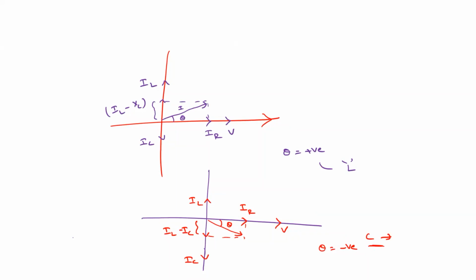In a parallel circuit, this current angle, if the circuit is predominantly inductive, the current is lagging. If the circuit is predominantly capacitive, in that case the current is leading.